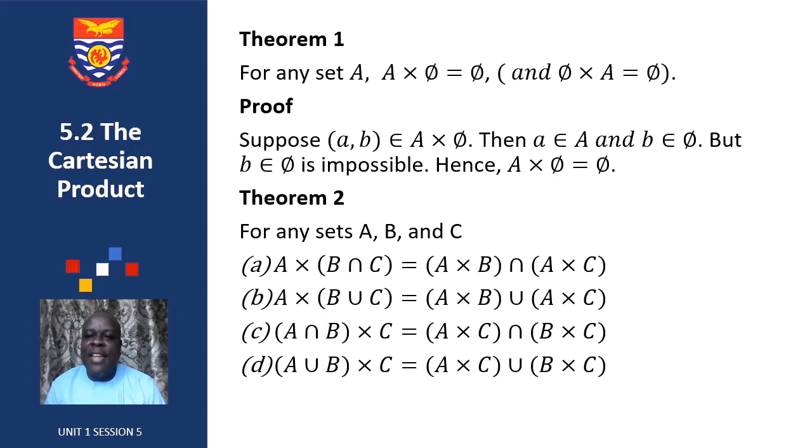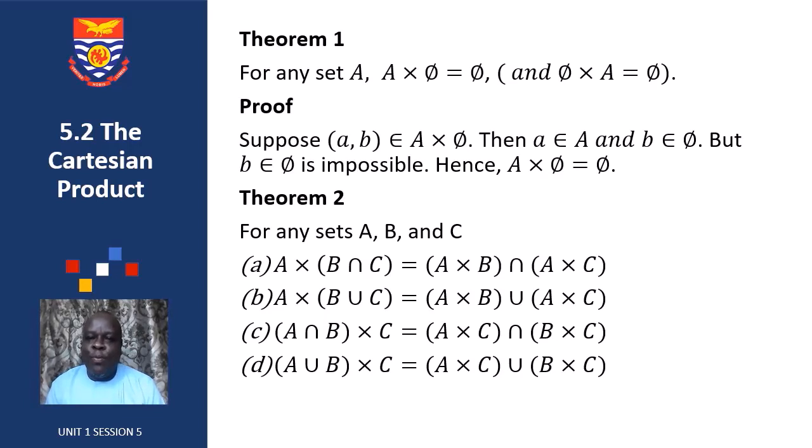Then it means that a is a member of set A and b is a member of the empty set. But b being a member of the empty set is not possible. And so A cross the empty set is equal to the empty set.